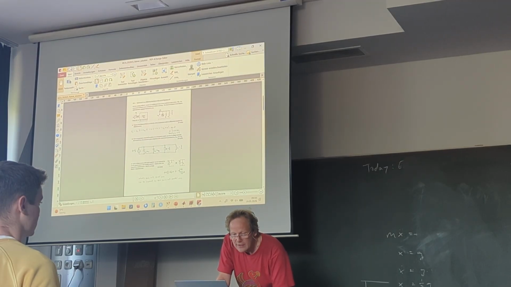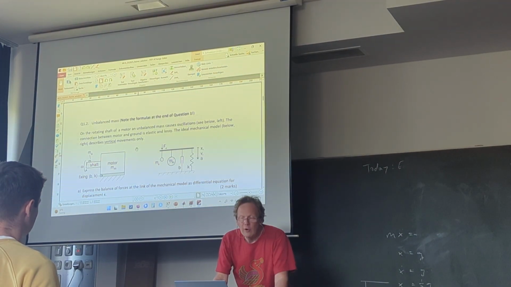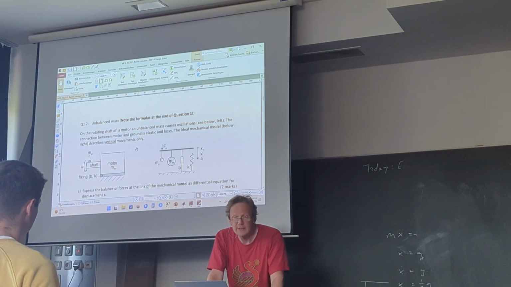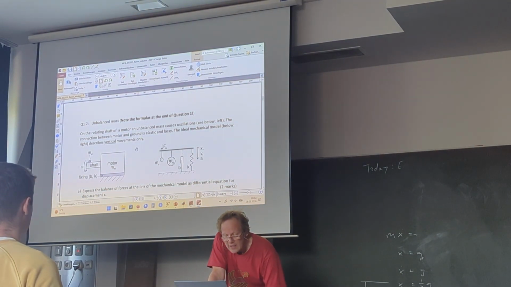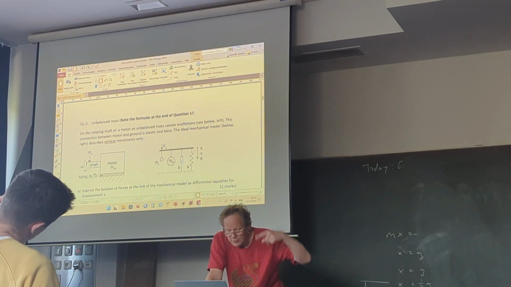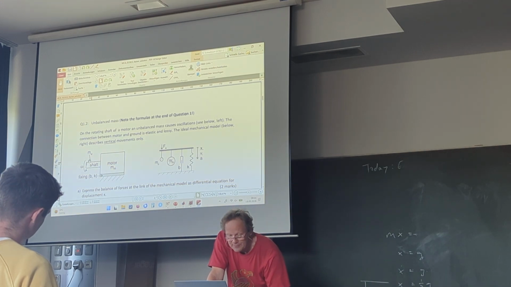Okay, and then we have here, maybe you all will recognize also this from some exercise sheet. We have here a motor, a shaft which rotates, and on this shaft we see here an unbalanced mass, and this rotates.